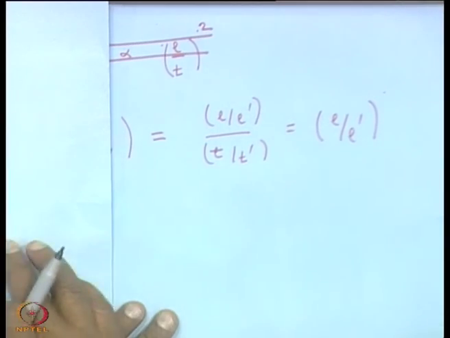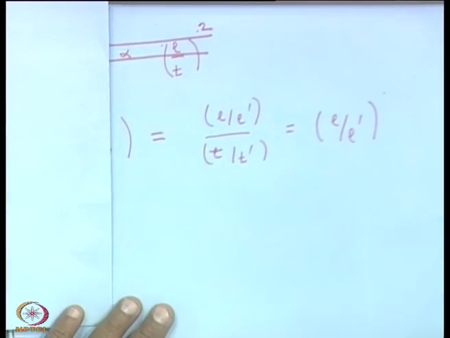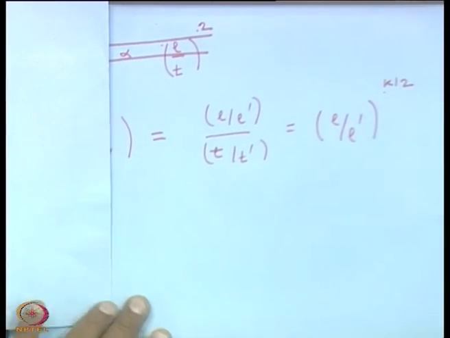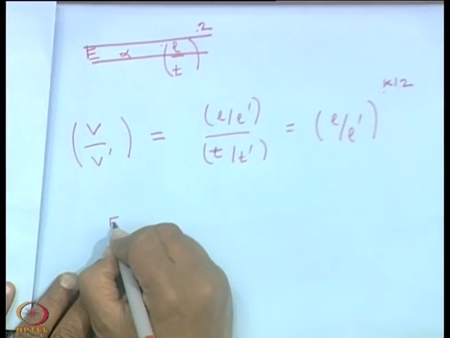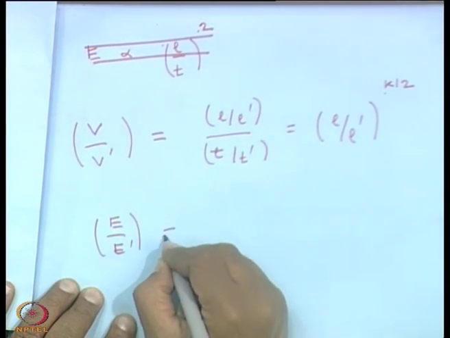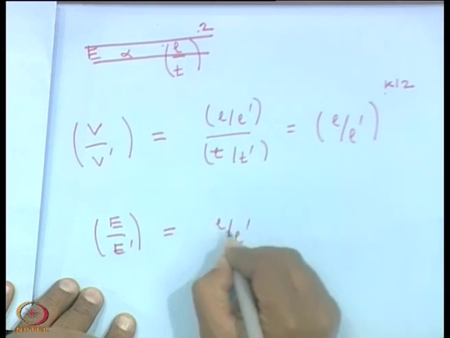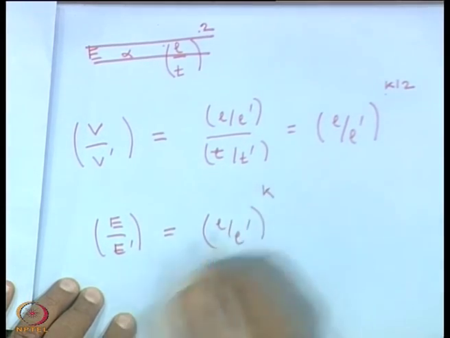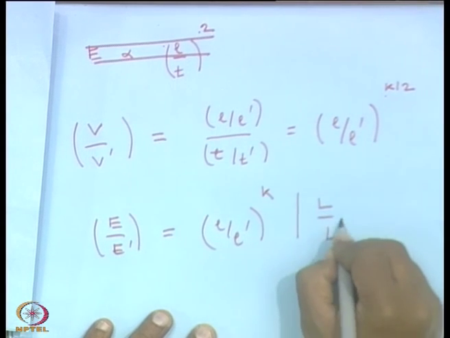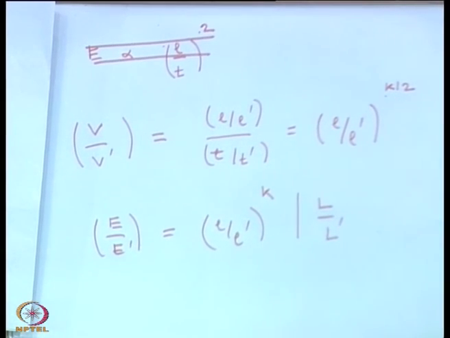T by T prime is L by L prime to the power of (1 minus k) by 2. So, v by v prime is going to be L by L prime to the power of k by 2, and the energy E by E prime is going to scale as L by L prime to the power of k, and one can also work out how the angular momentum is going to change, that it is L into v basically.